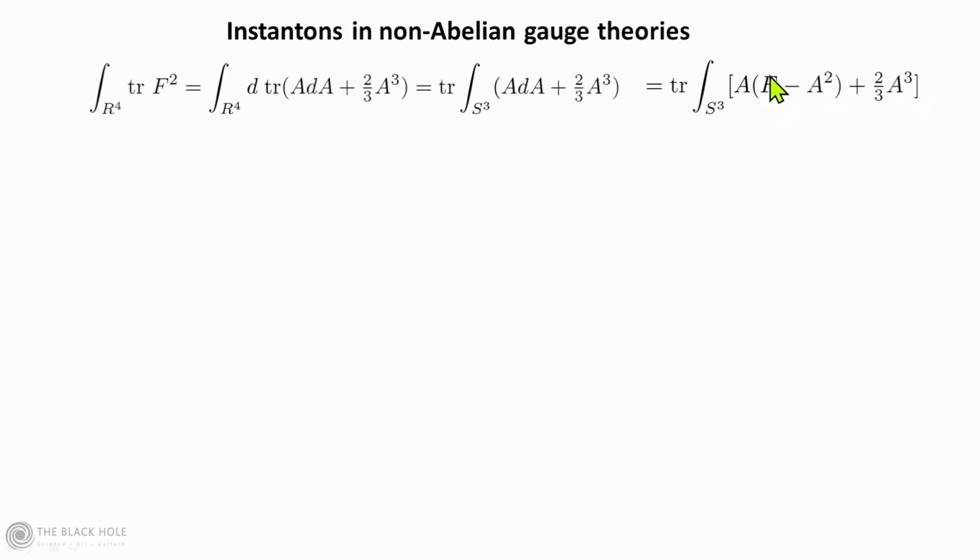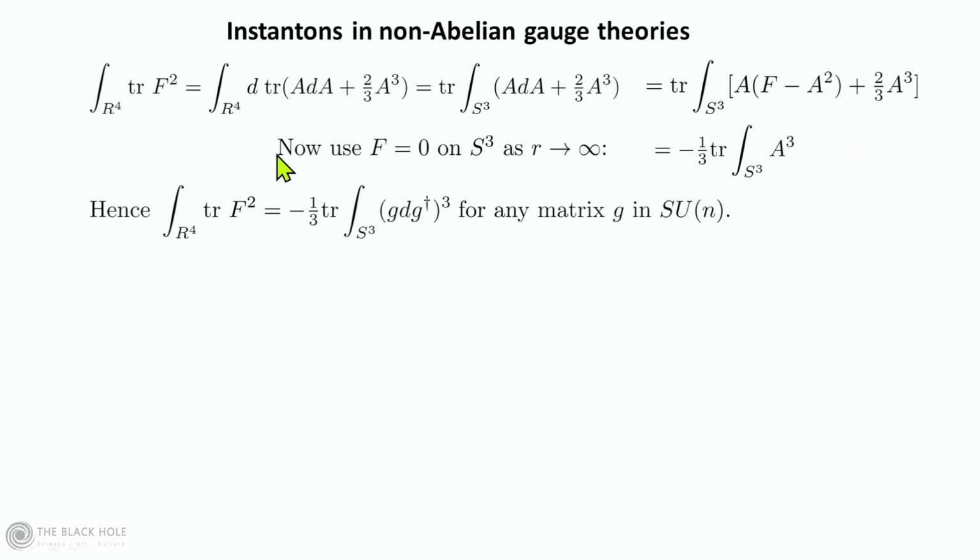But here, on S3, which means the bounding surface, we have just argued that for the action to remain finite, the field strength tensor must be 0. So F is equal to 0. So what we have over here is A times minus A squared plus 2/3 A cubed. And that's minus 1/3 trace of A cubed on S3.